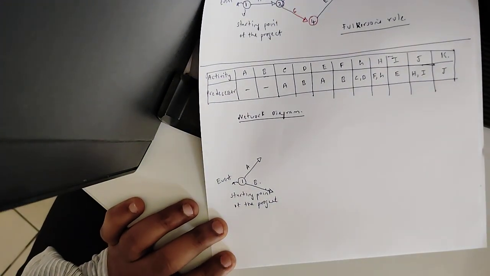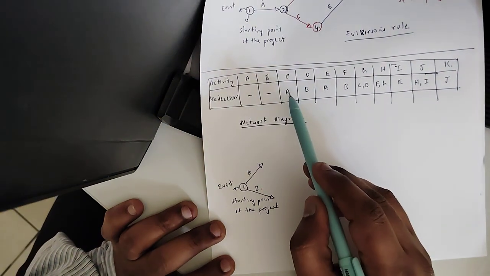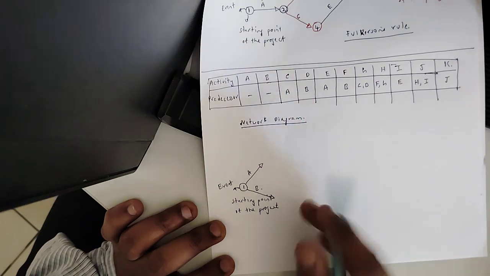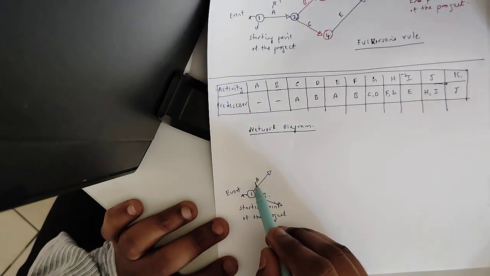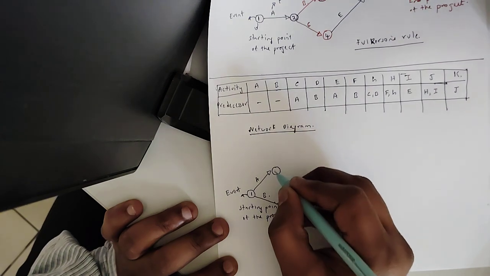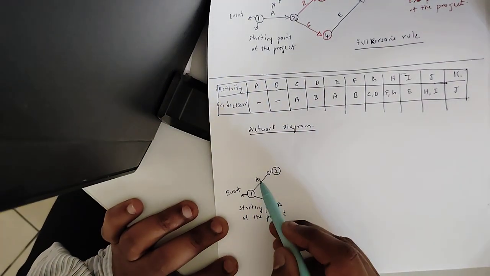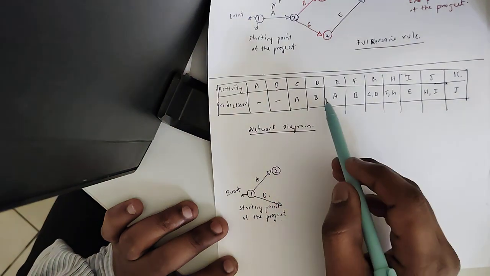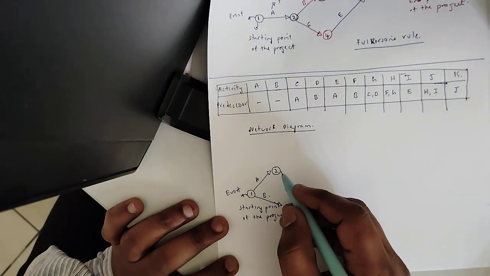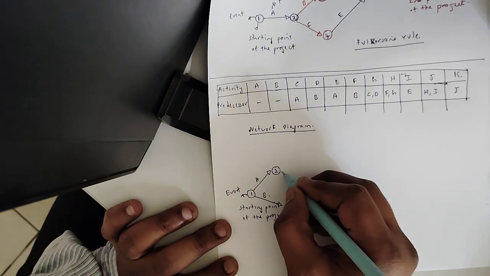So next we'll move on to the next one, that is C. For C activity, A will be the procedure. Where is A? A is here. So we can call this the second event. Once the A activity is completed, then we can move on to C. Now I am drawing the C activity here.